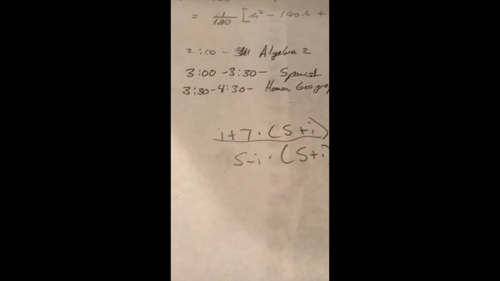So now to solve that, we FOIL, right? That's what we did right here. i times 5, that's 5i. i times i, that's i squared. Then we do 7 times 5, that's 35.